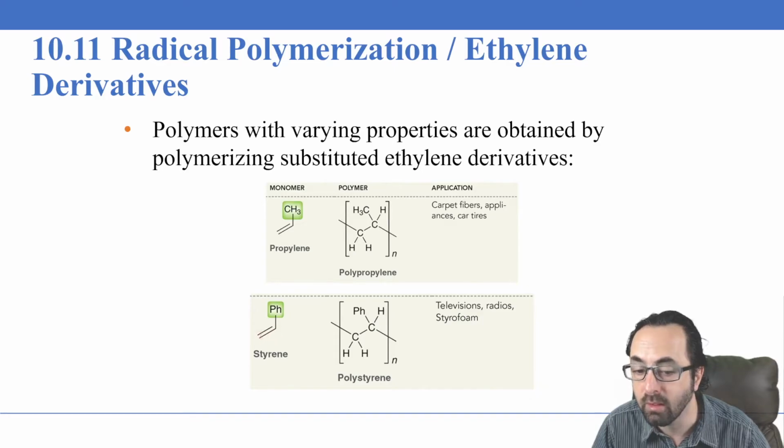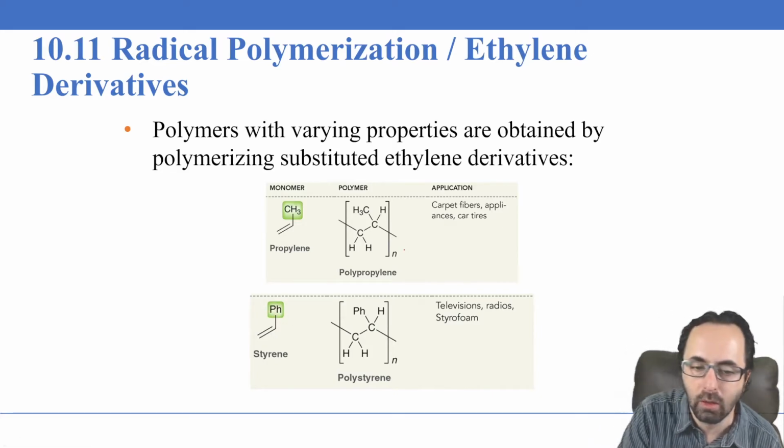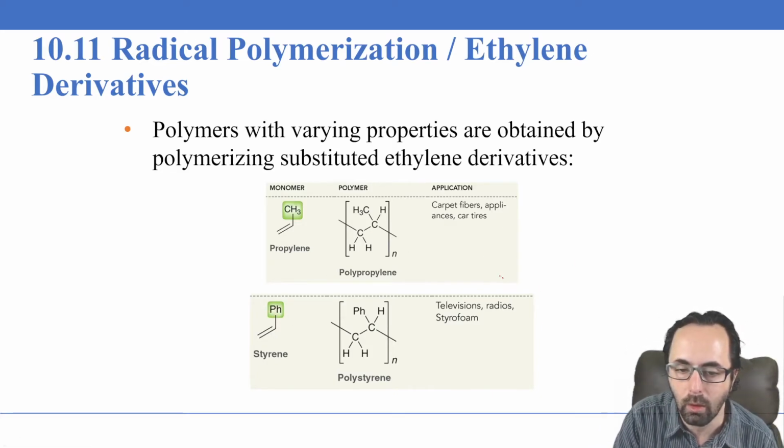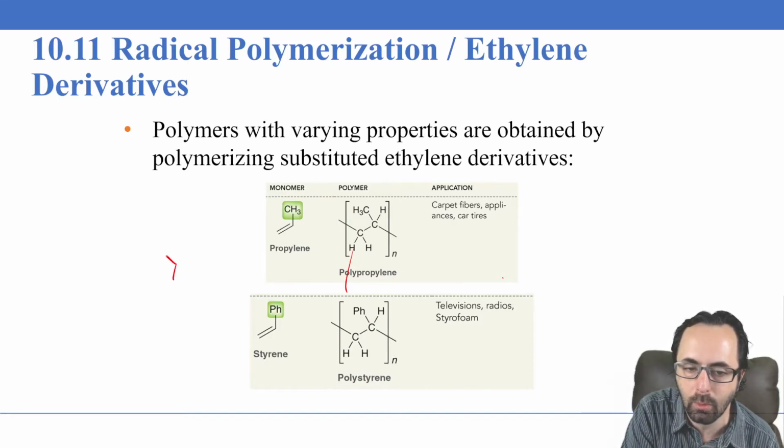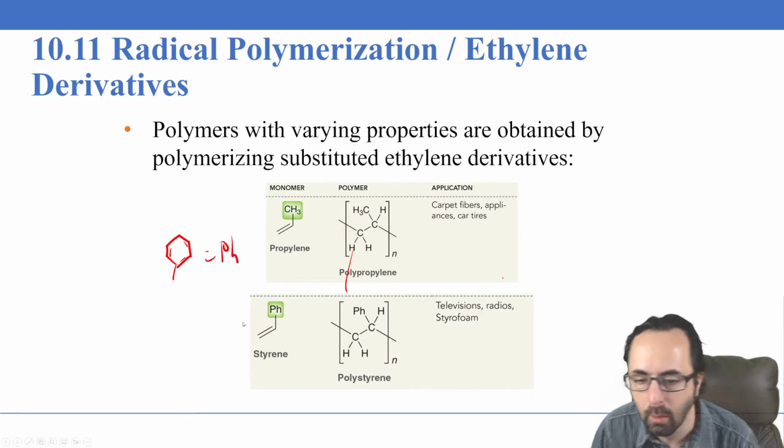There's also polystyrene. So styrene has a reactant molecule that has a phenyl or a benzene group. Remember, the phenyl means the benzene group. So we're talking about a benzene ring like this. So when we say Ph, we say this Ph, abbreviated.